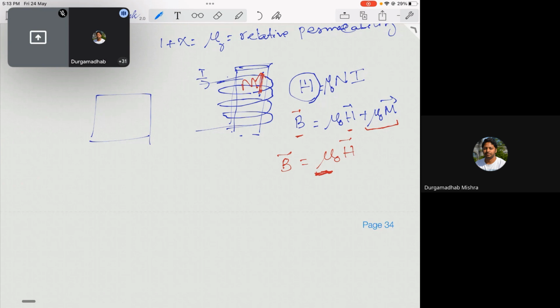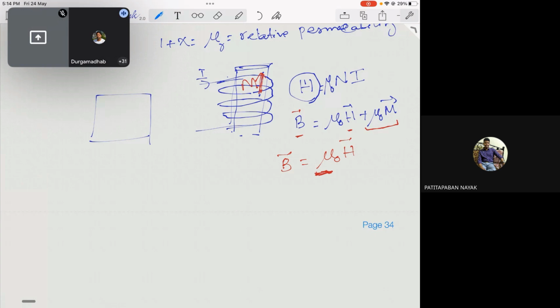But if you talk of CGS, people also use Oersted, or sometimes Gauss. Oersted is used quite often, named after the experiment that Oersted did. So you can use either depending on the unit system.